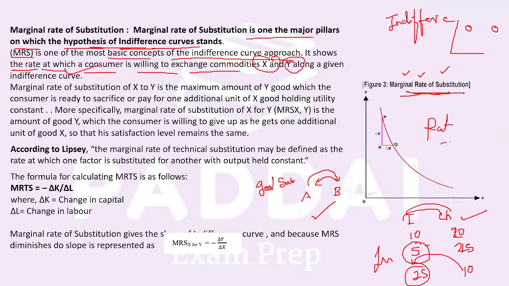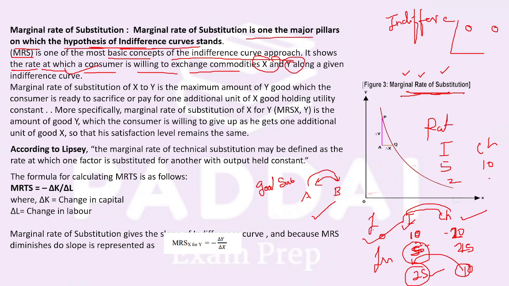So I am ready to substitute ice cream with chocolate. Give me 5 ice creams and 10 chocolates, and if you make it 2 and something. So if we take this combination, 10 ice creams, 20 chocolates, I am ready to substitute ice cream with chocolate 5. This is the 5. Here I am ready again 5. So the rate at which I am, am I ready to make it 0?